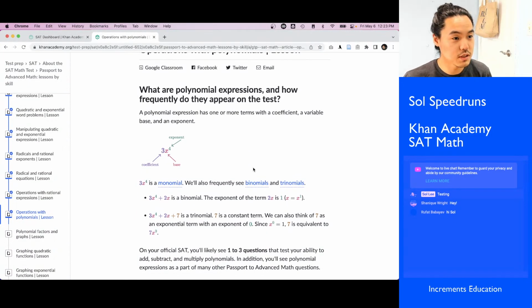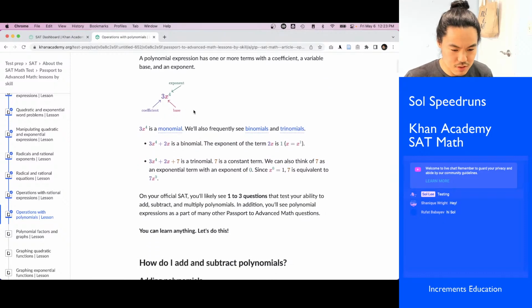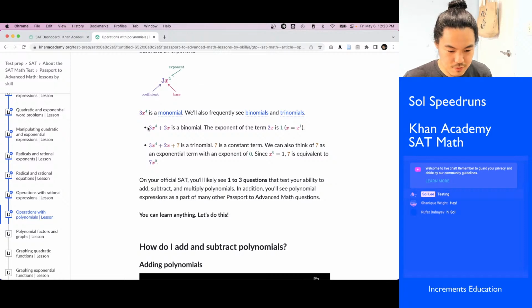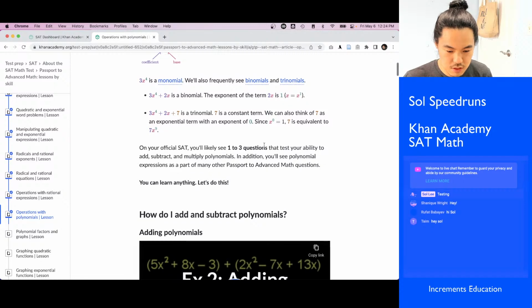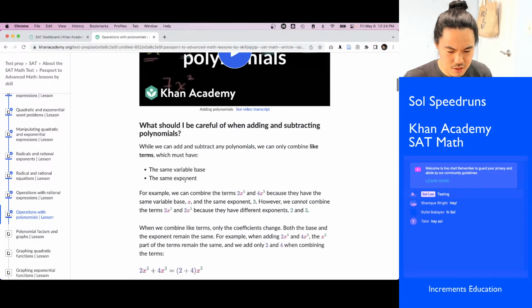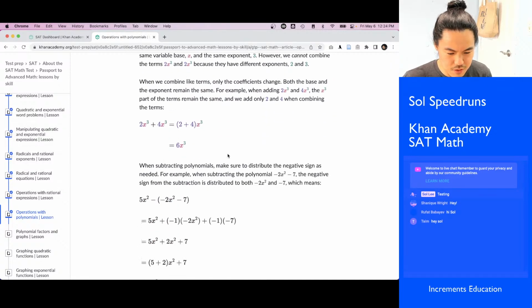What are polynomial expressions? Didn't we? I feel like it's all getting very, very repetitive now. And plus, they don't even ask me adding and subtracting. Wait, isn't this like super obvious after everything else we talked about?